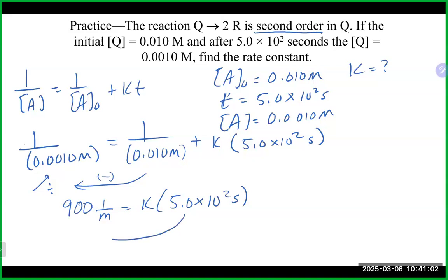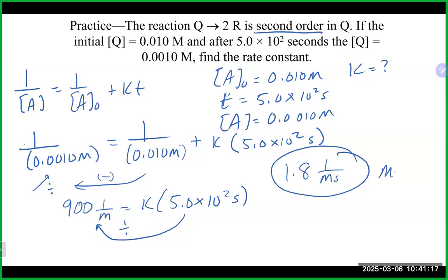At this point, we could then just divide that to the other side, and that will get us a 1.8. The units here, 1 over molar seconds, are again M to the -1, s to the -1, if you want to go that way with it. Any questions on that calculation there?